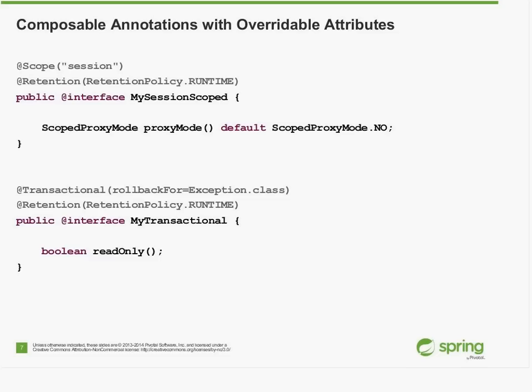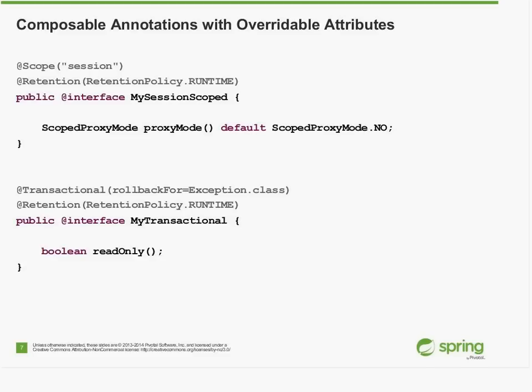Another subtle refinement in Spring 4, subtle but important and enabling, is the use of attributes on composable annotations. What we're seeing here are custom annotations that you would define yourself. You would include them in your code base and start using them on your components, and maybe for the purposes of alignment across the code base, you would define some custom annotations.